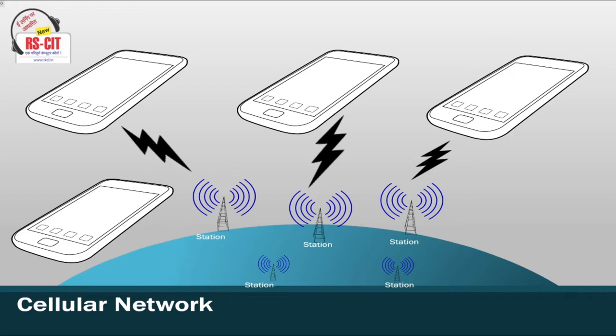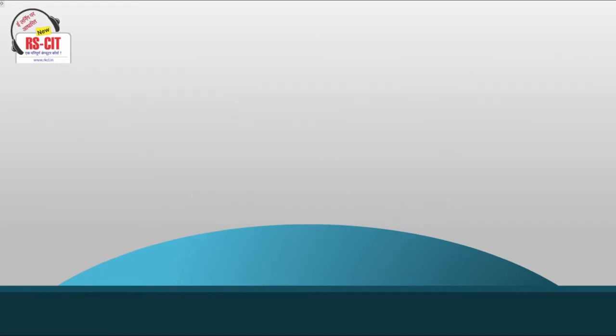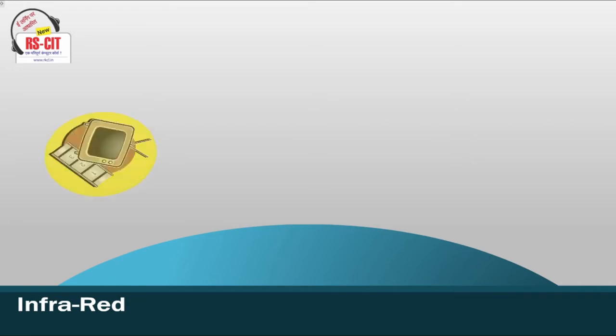This enables a large number of portable transceivers, for example, mobile phones, pagers, etc., to communicate with each other and with fixed transceivers and telephones anywhere in the network via base stations, even if some of the transceivers are moving through more than one cell during transmission.